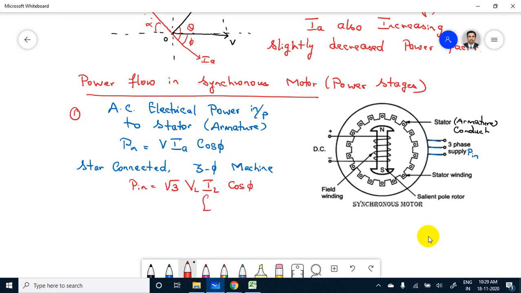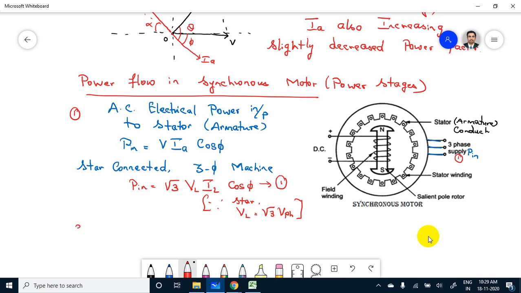Okay, so therefore we know that in star connected, the line voltage VL equal to √3 into V phase. Okay, √3 into V phase. This is my equation 1. Understood or not? So this is stage 1. This portion, 3-phase supply we are giving to stator. Okay, this is stage 1.